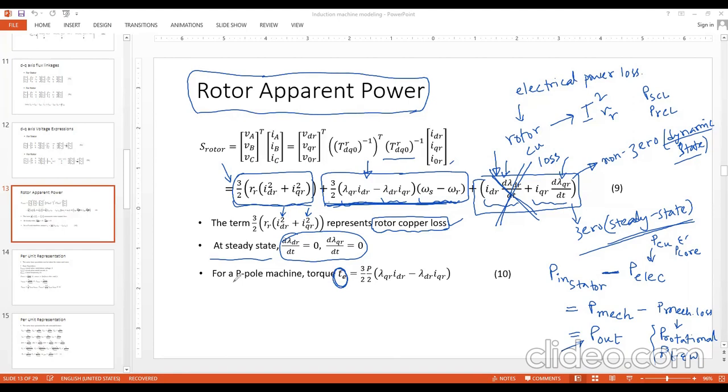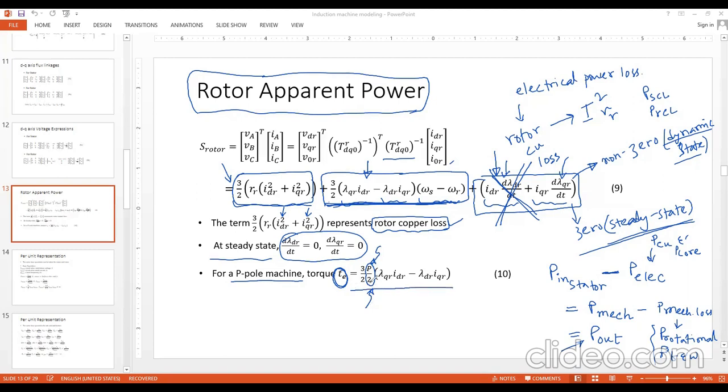So for a p-pole machine, if it is a two-pole machine, then this term will not appear. If it is a two-pole machine, you don't have to bother about this. But in general, the machine is a p-pole machine, p number of poles. So in that case, you have to incorporate this additional p by 2 term with this. So this is a more generalized expression.